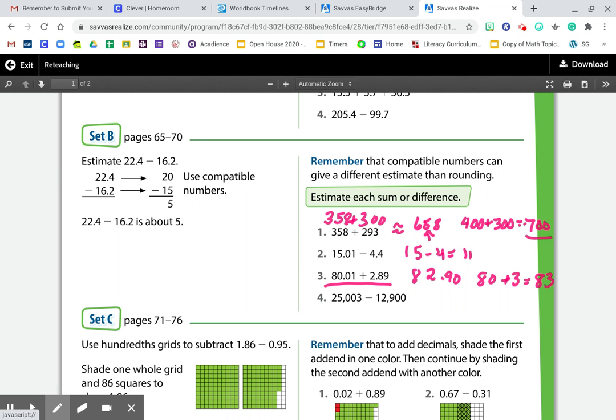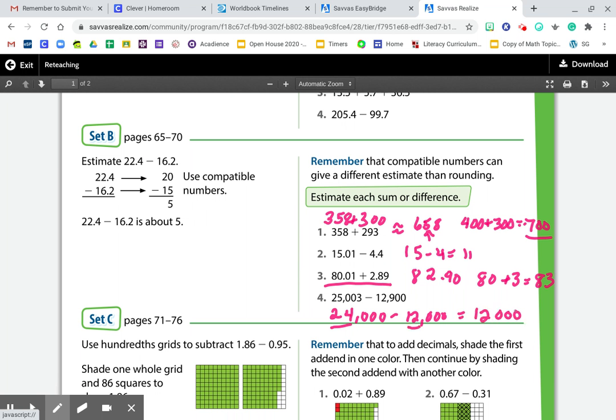25,003 minus 12,900. If you're looking for compatible numbers and you want something that's even, I changed the 25 to 24 because I know 24 is a multiple of 12. You could do that.